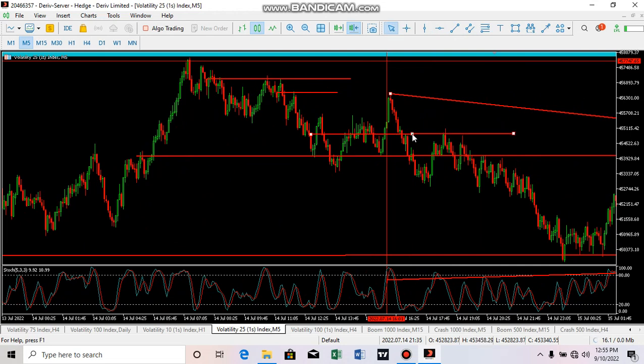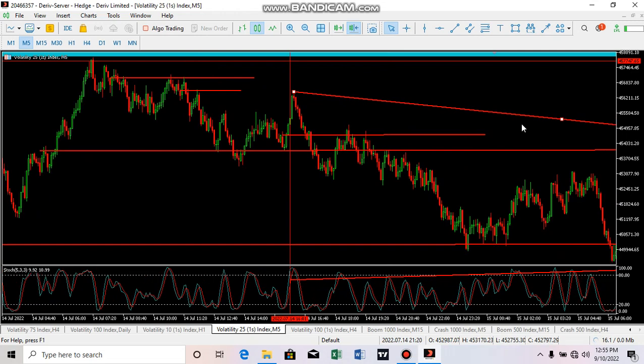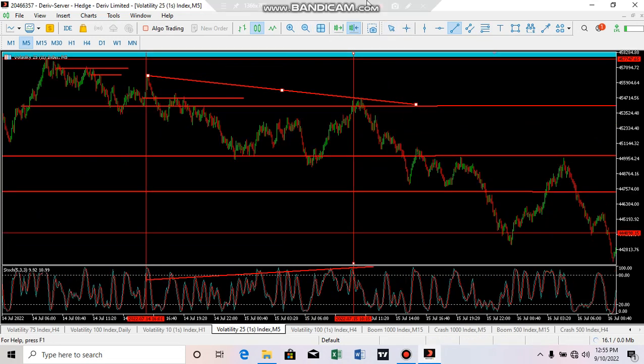So since it did something like this, you would have wanted to leverage here, right here. And again you would have wanted to leverage here at this area, and again, pretty much there, right guys? So you start checking your hidden divergence and leveraging to the downside, guys.